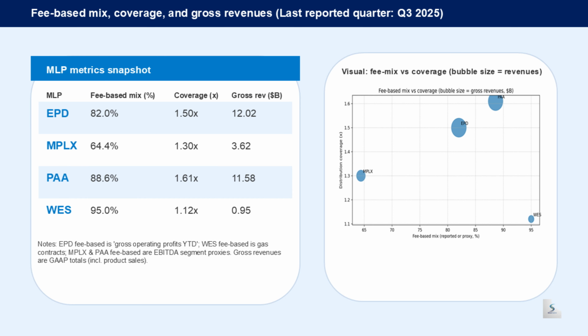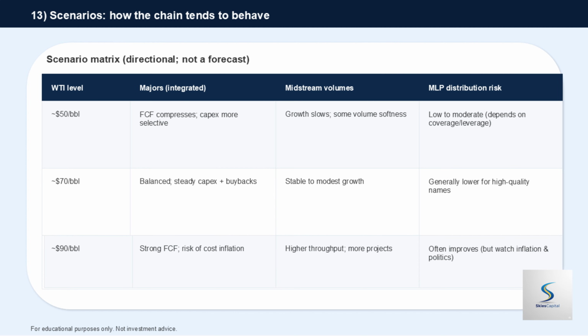Next, let's talk about scenarios. What tends to happen at different oil price levels? This is a directional scenario matrix, not a forecast. Around $50 a barrel oil, free cash flow compresses and capex gets more selective. That usually means slower growth, and volume softens over time, which can raise distribution risk for weaker balance sheets.